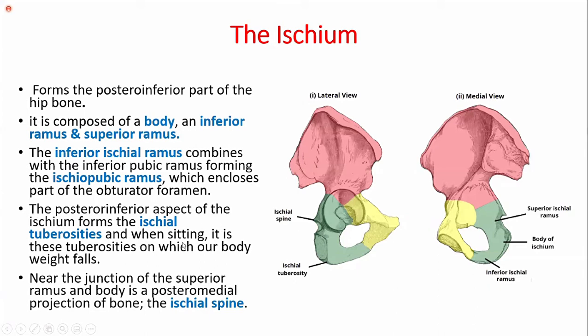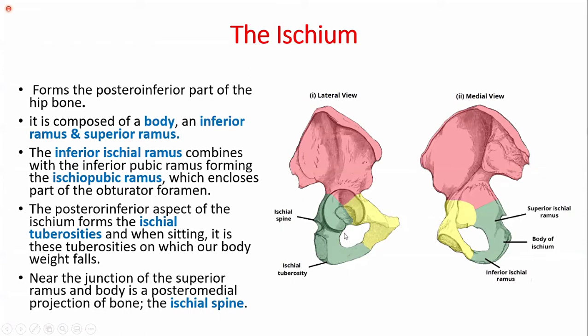Okay, and then the posterior inferior part has a very important structure. This is called the ischial tuberosity. The ischial tuberosity is where we sit. So this is the location where you're sitting, and where your weight lies when you're sitting down, all on this part of the ischium bone.